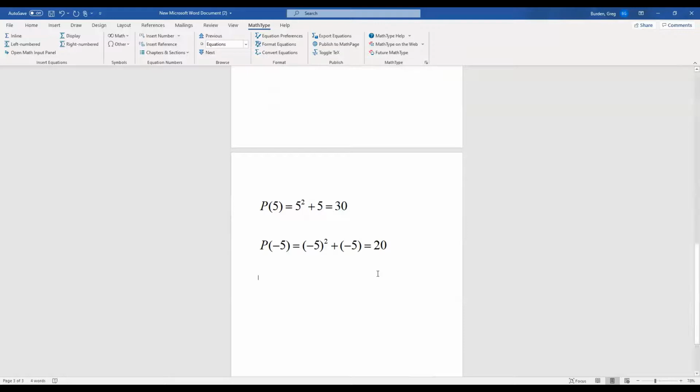Maybe dig down a little bit deeper in that. Let's look at a different function here.